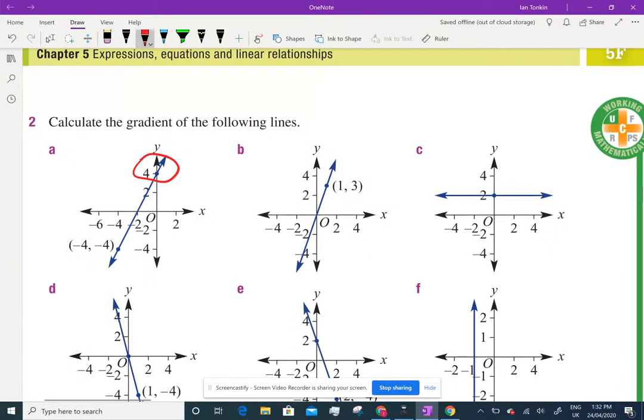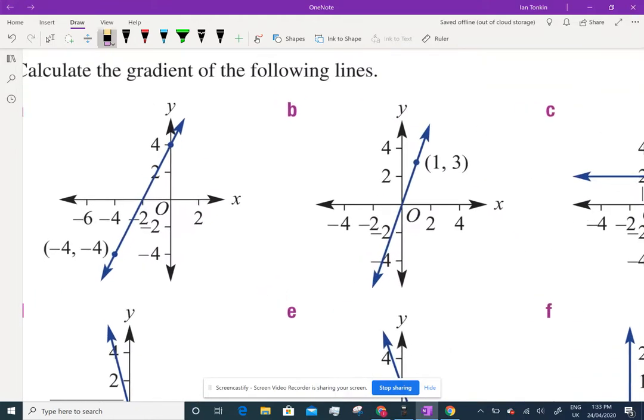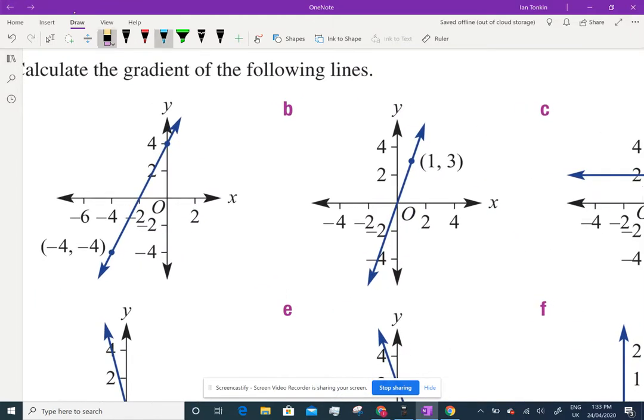Now remember, the gradient is the slope. The slope is just the rise over the run. So if I can draw a right-angled triangle, this is the rise, and this is the run. What is the value from here to here? Well, that's 4.